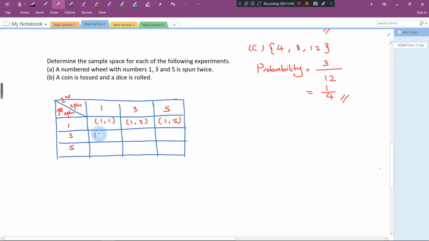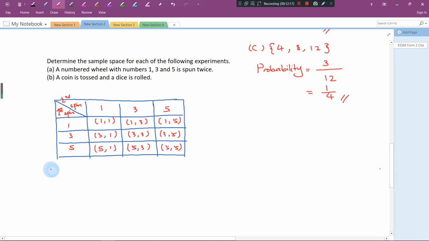This one, 3, 1. 3, 3. 3, 5. 5, 1. 5, 3. 5, 5. So if you use this method, you won't miss out, and you will get all the combinations correctly.